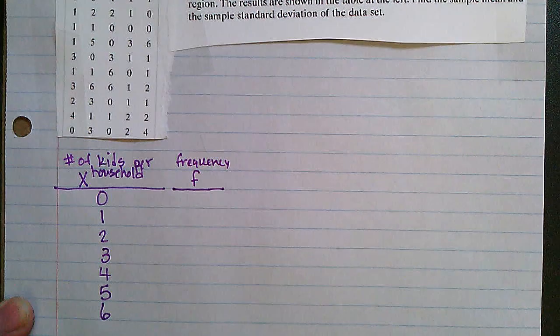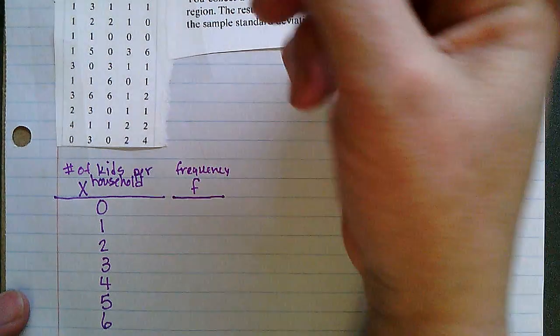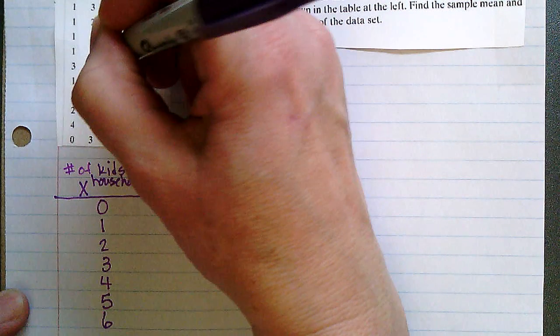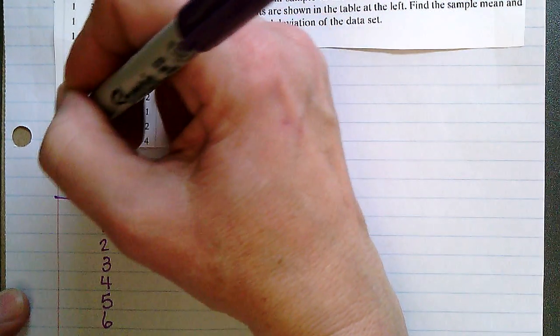I've got to go through and count how many of each number I have. So zeros, I have 1, 2, 3, 4, 5, 6, 7, 8, 9, 10.